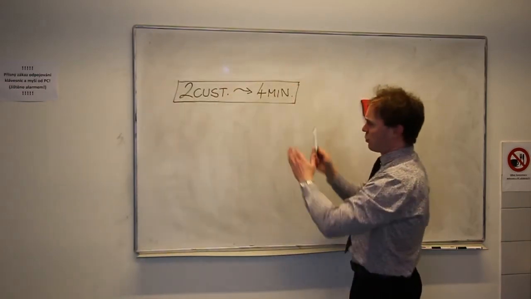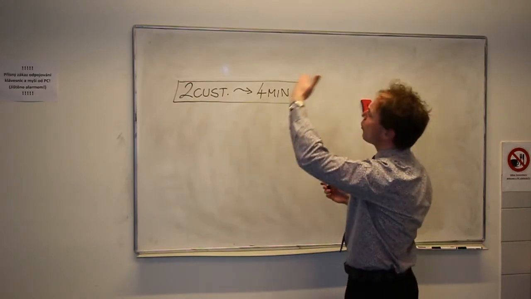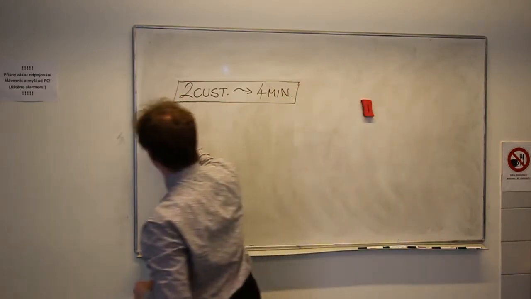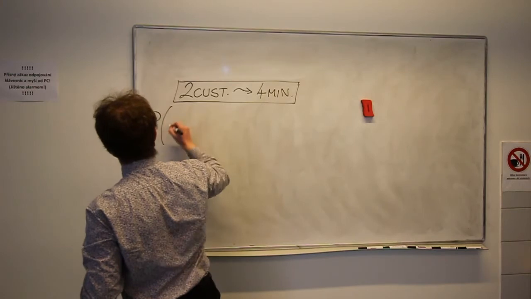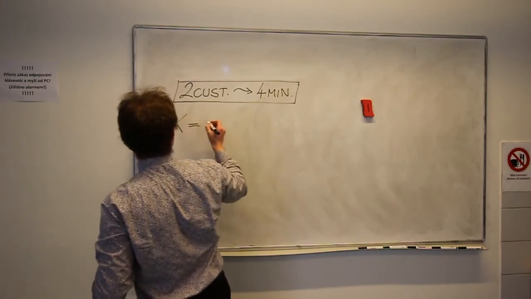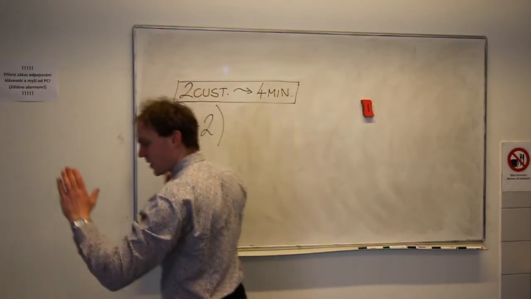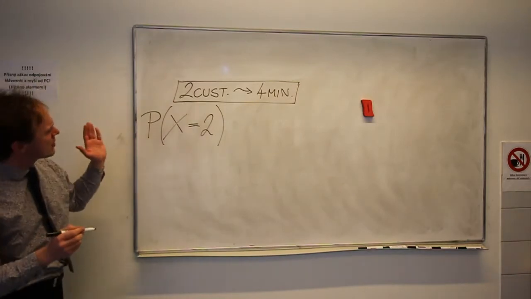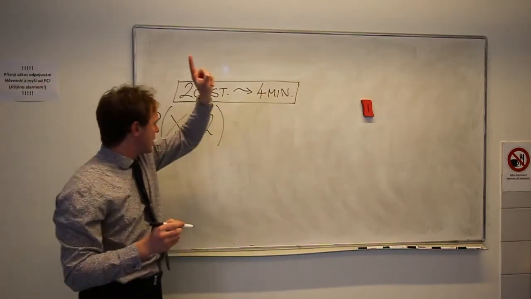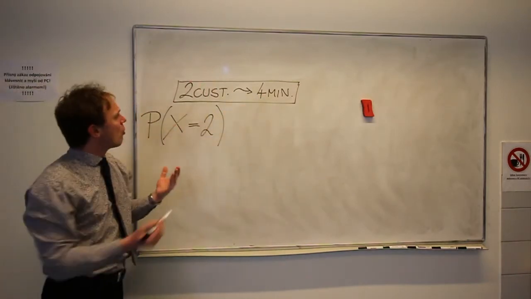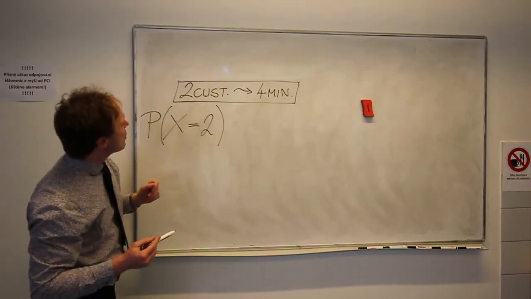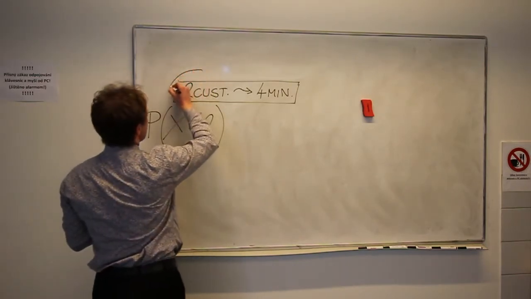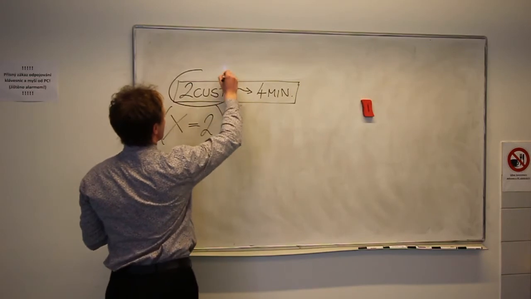This is necessary: 2 customers within 4 minutes, because we would like to calculate the probability that random variable x will be equal to 2, exactly 2 customers, within 4 minutes. Okay, so what do we know? We know only this information.